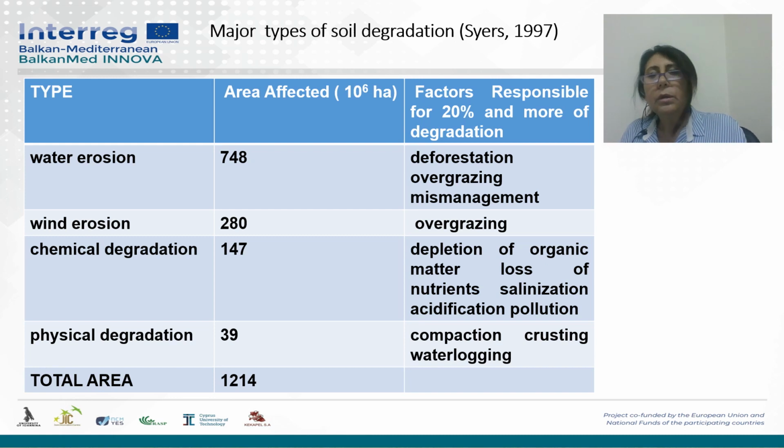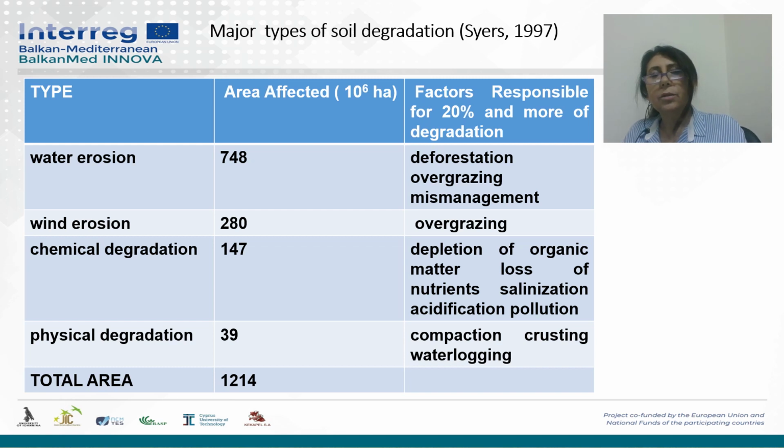Water erosion is happening because of deforestation, for example, or overgrazing, and mismanagement of the soil during cultivation, during the agricultural activities. Wind erosion is mainly caused by overgrazing of the land or of the meadows.